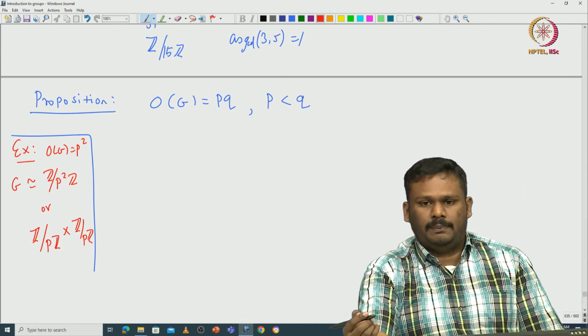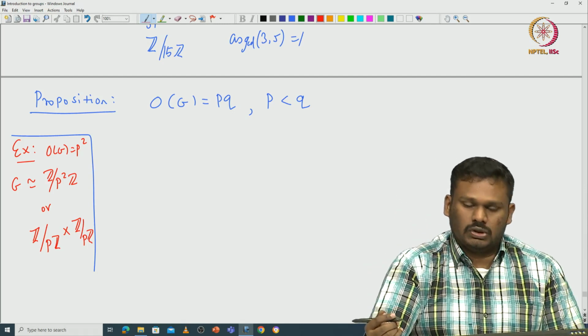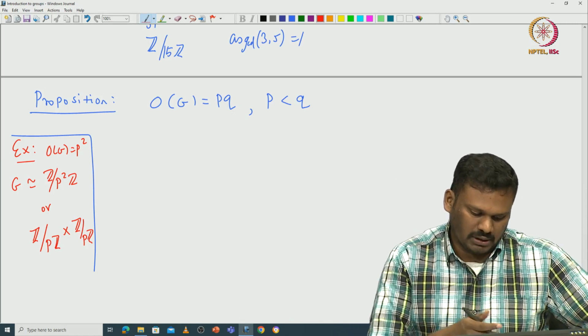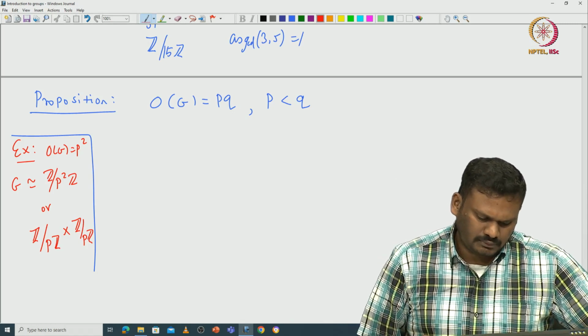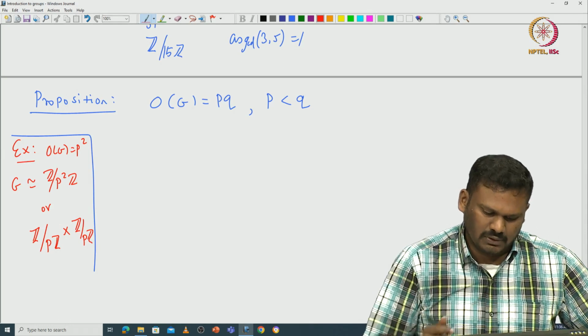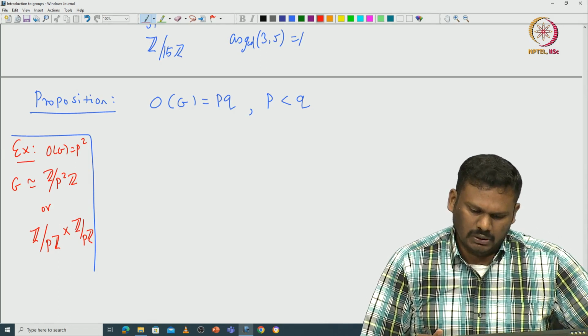You can pick one such subgroup and then look at another subgroup, and then you can see that the product of those will be G. This is something you can verify directly using elementary properties of finite abelian groups.